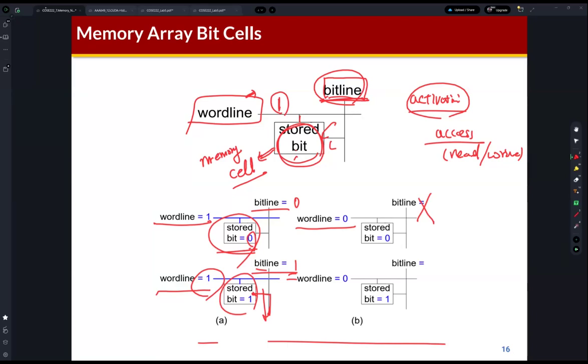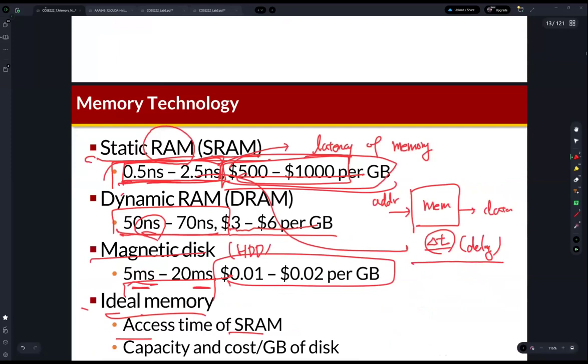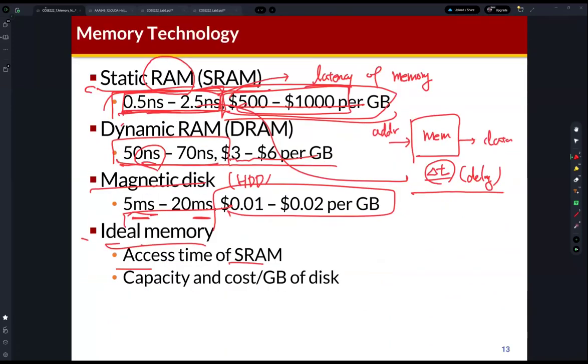And as I mentioned, most memory devices have the same structure. We learned about different types of memory, such as SRAM, DRAM, and flash memory. The magnetic disk is different. The SRAM, DRAM, and flash memory are called solid state memory.